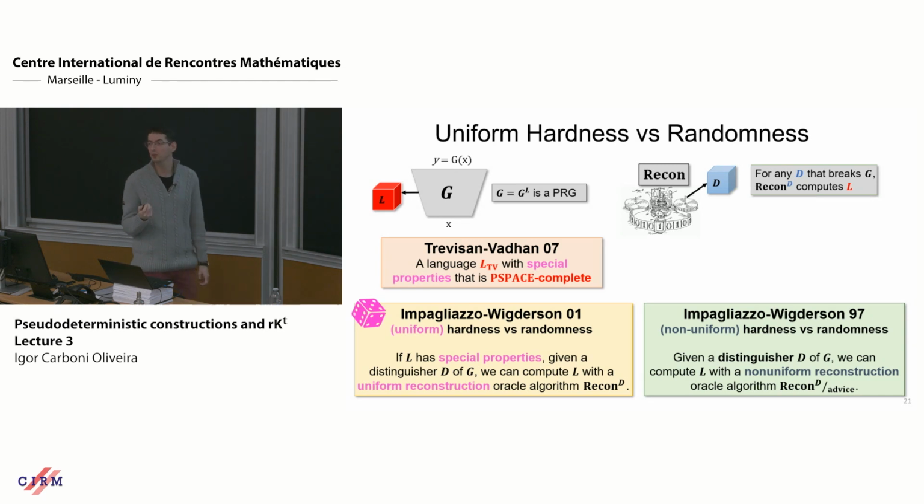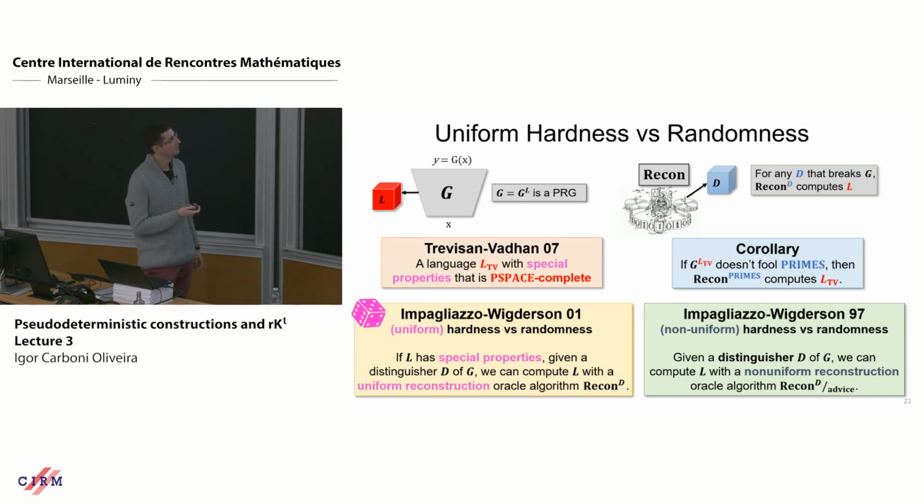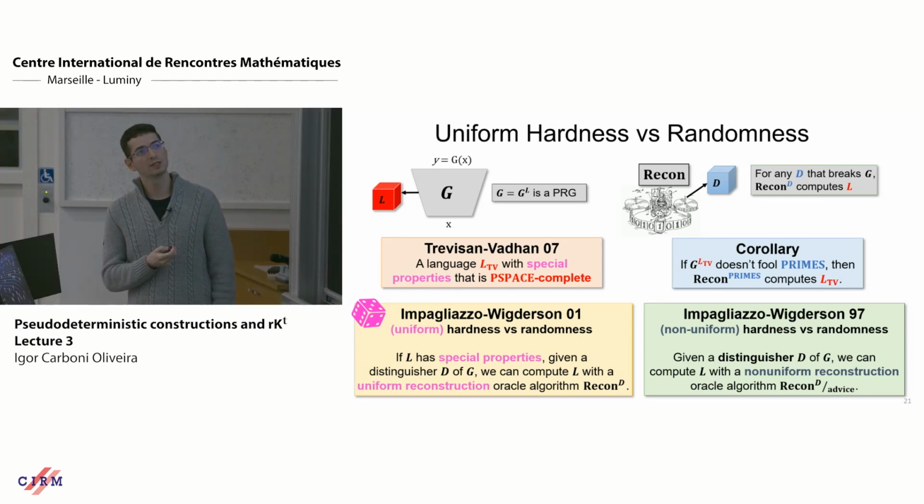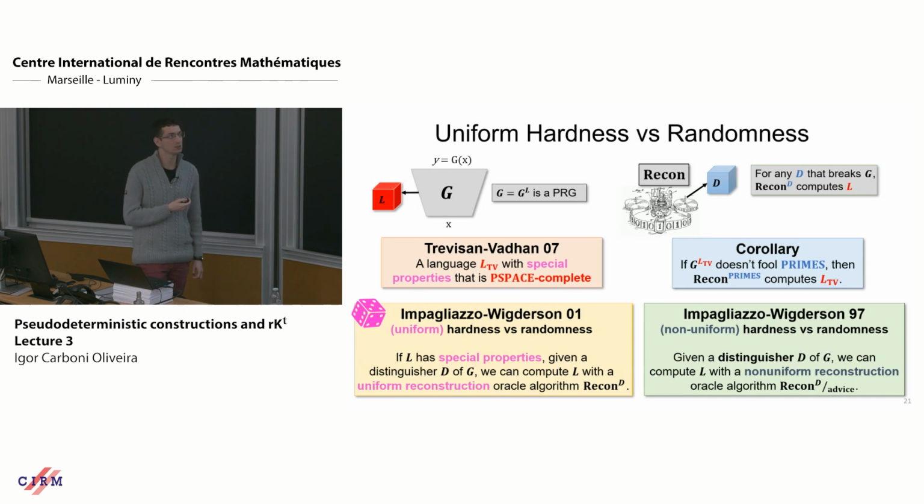So how can we use this uniform pseudorandom generator construction? What we care about is the set of primes. So we instantiate the generator with this special language from Trevisan-Vadhan, and we would like to understand whether we fool this test, the set of primes or not.